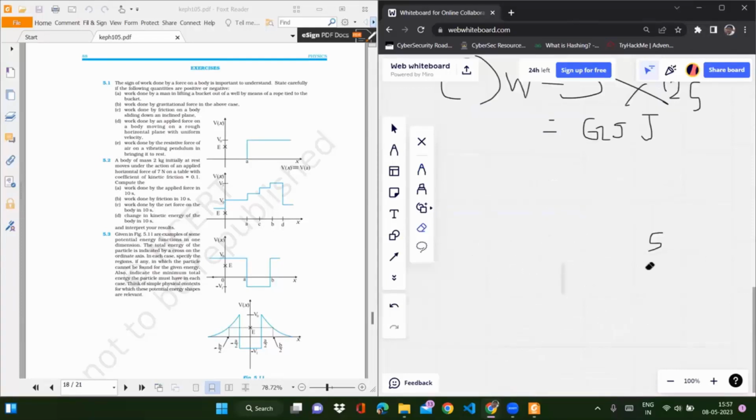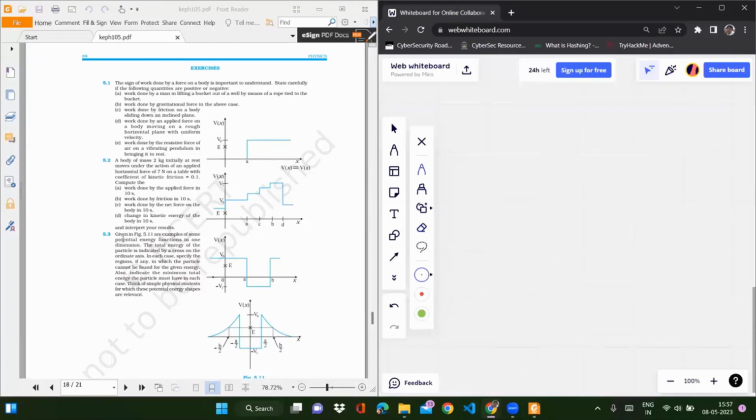Now we will move forward to the next question, which says that we have been given some figures here. It is said that figure 5.11 shows examples of some potential energy functions in one dimension. The total energy of the particle is indicated by a cross on the ordinate axis.